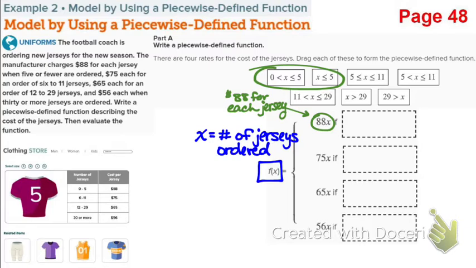Is it possible to purchase -1 jerseys? No. That's how I make the decision here. In this particular context, because we're talking about actually ordering things, I can't get a number of jerseys that's smaller than 0. That doesn't make any sense. So I'm going to go with this one. 0 is less than the number of jerseys that I'm ordering, is less than or equal to 5.